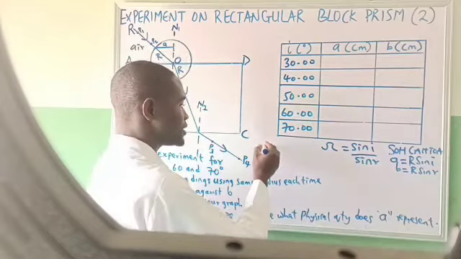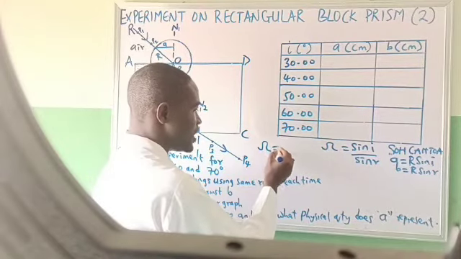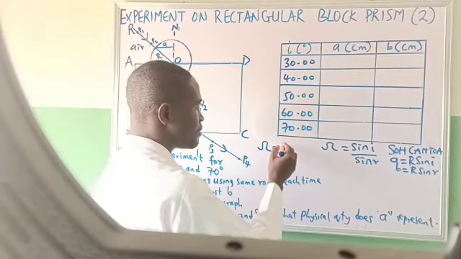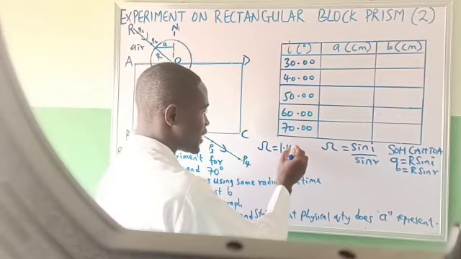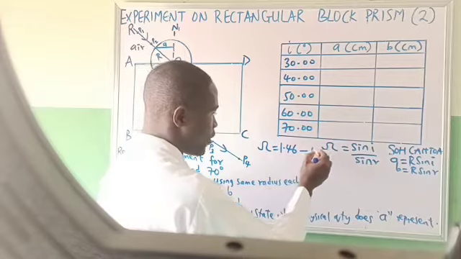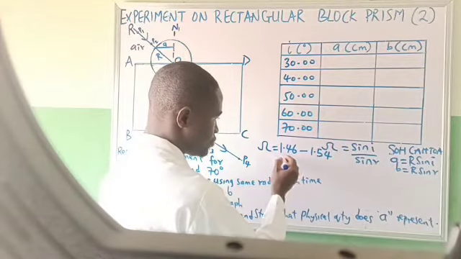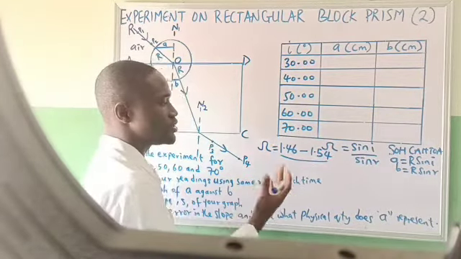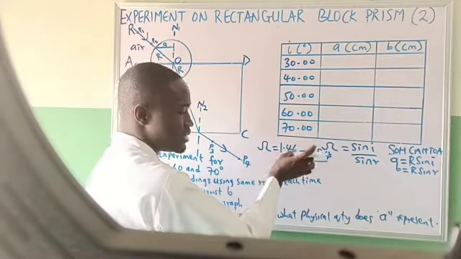The next thing to note is that the refractive index has a range. The range begins from 1.46 to 1.54. So that means if we finish solving, we will still fall in this range.